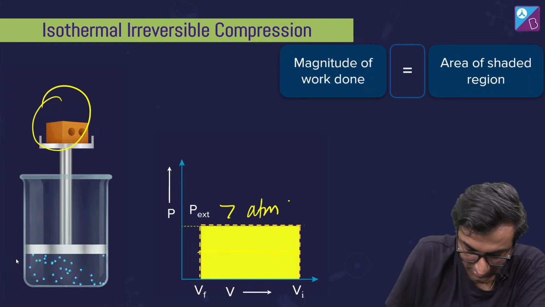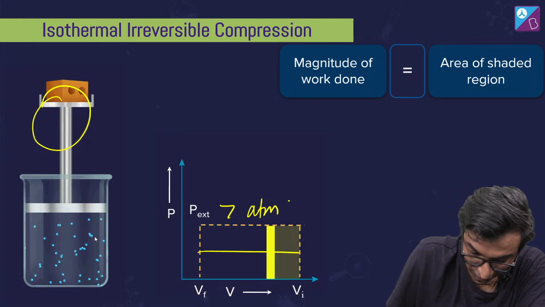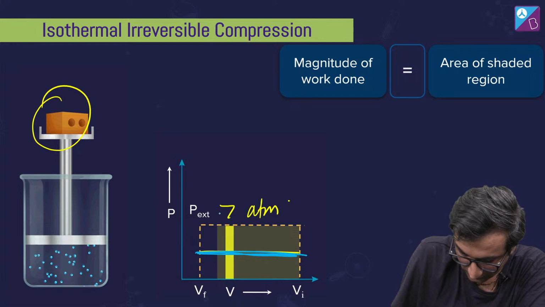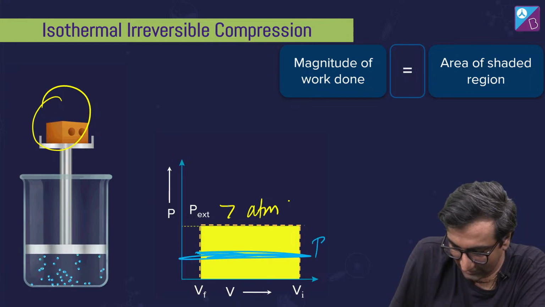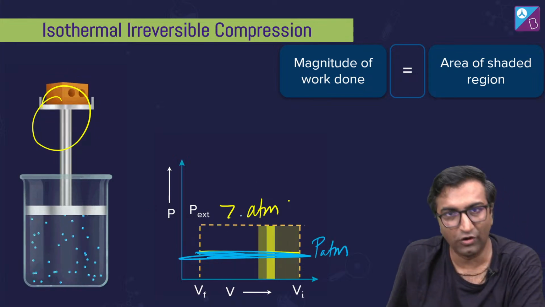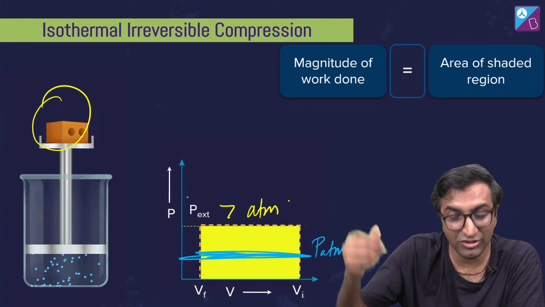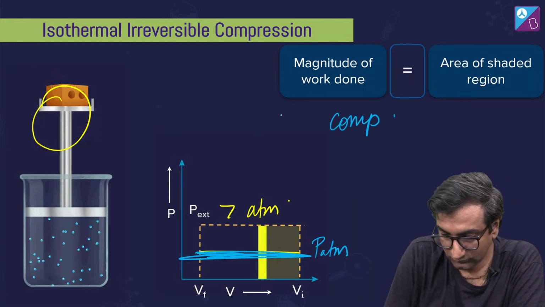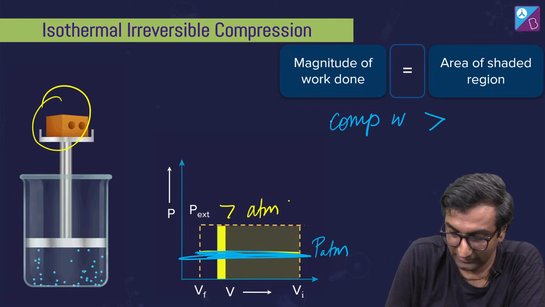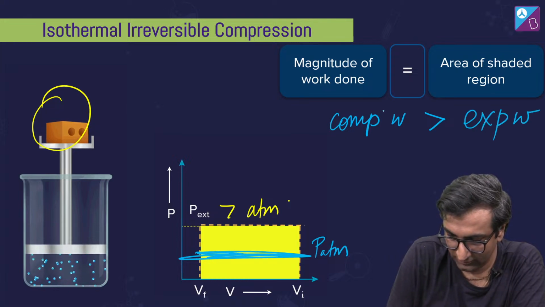If I plot atmospheric pressure over here, okay, and this is the craziest part. So you see that compression work is greater than expansion work, right?